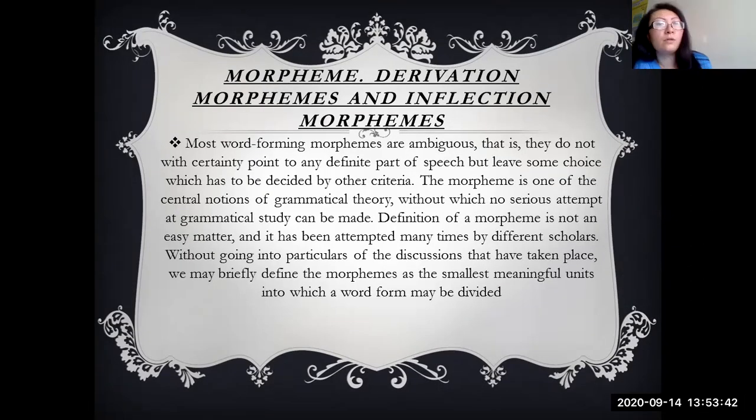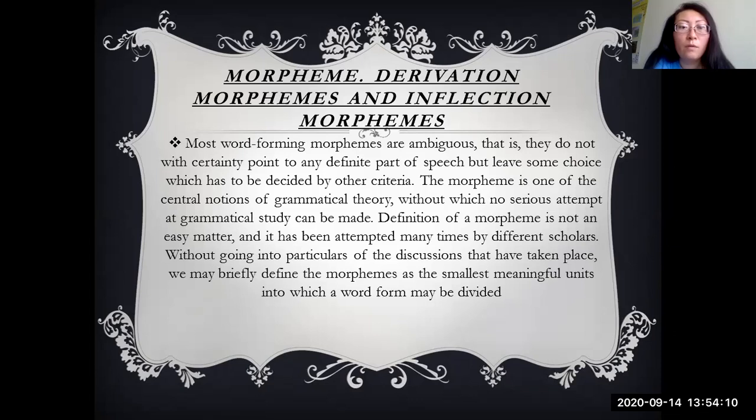Let's move on to the next part: morpheme, derivation morphemes, and inflection morphemes. Most word-forming morphemes are ambiguous. That is, they don't point with certainty to any definite part of speech, but leave some choice which has to be decided by other criteria.